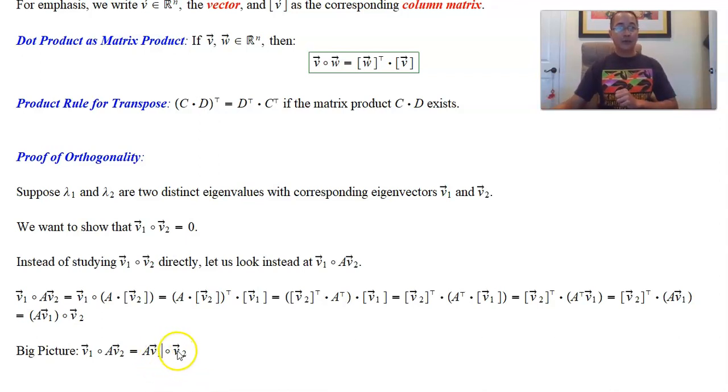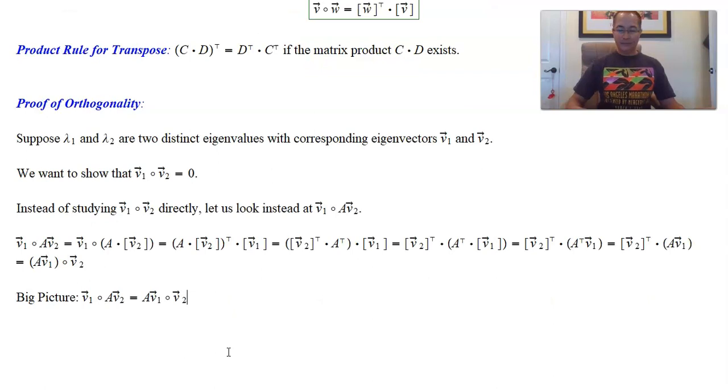The product A times quantity V1 dot V2 does not make sense, because that would be a matrix times a scalar, which would give you a matrix. On the left you have a scalar. That won't make sense. So that's the big picture, but now let's not forget that V1 and V2 are eigenvectors.